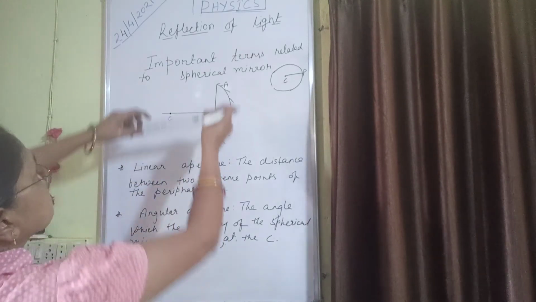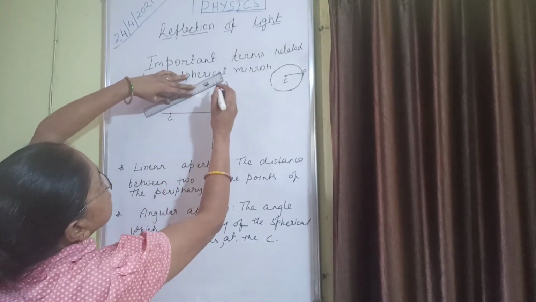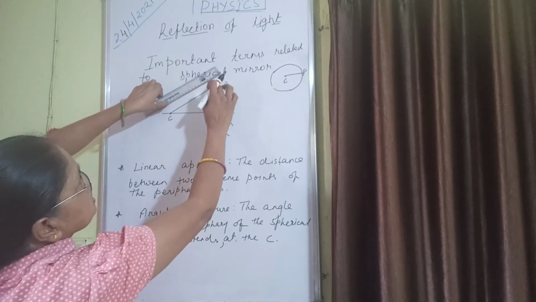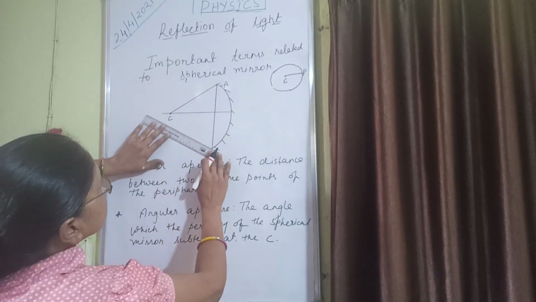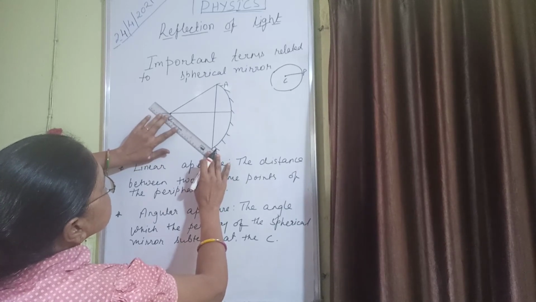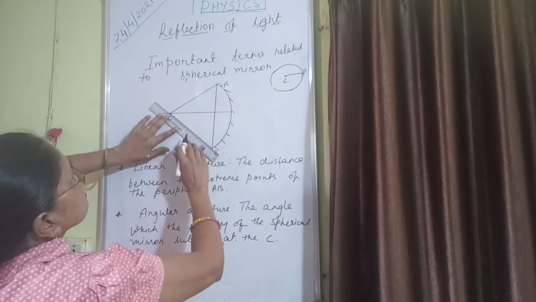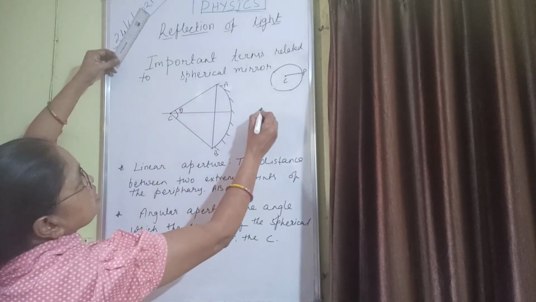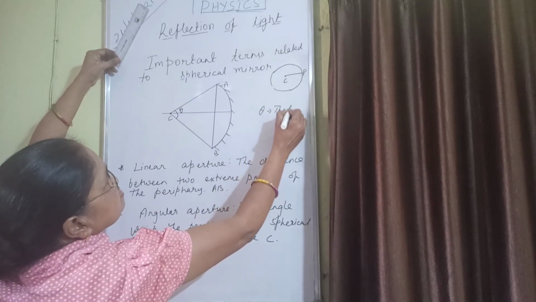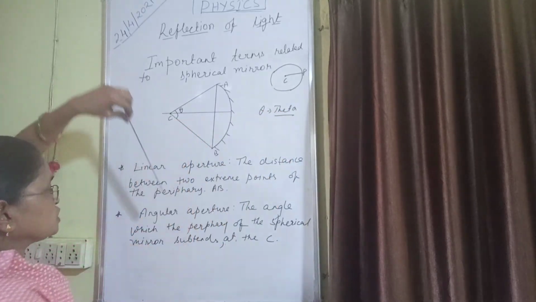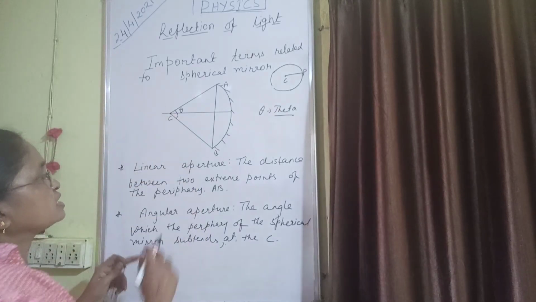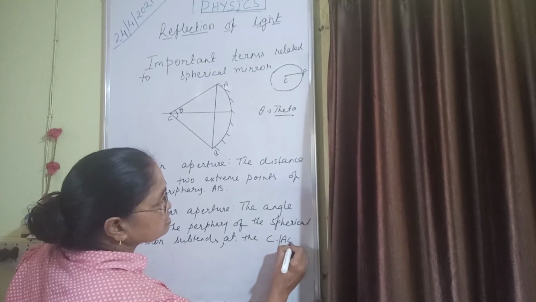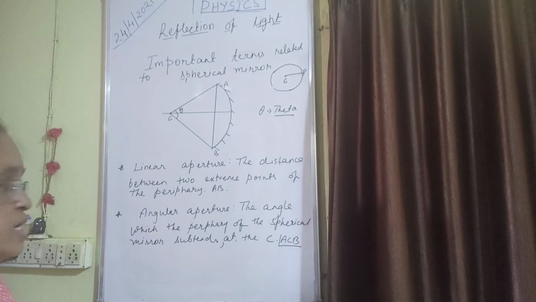So how will you show this? Just say, when you join this A to C, this is the end point, extreme point, periphery from B to C, then this total angle theta, this theta is known as angular aperture, that means angle ACB. This is angular aperture.